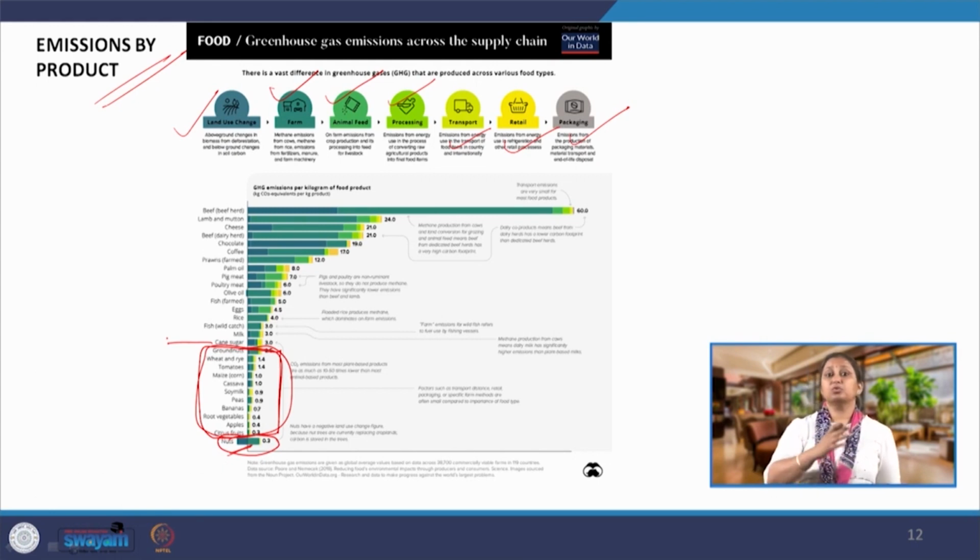If you go to a mall in the United States, you would find that each individual fruit, which is a natural product, is packed in a plastic cover. While if you go to a vegetable market in India, a sabzi mandi as we know it, you will find that none of the fruits or vegetables is packed. That itself removes one step and a lot of the emissions due to that product.